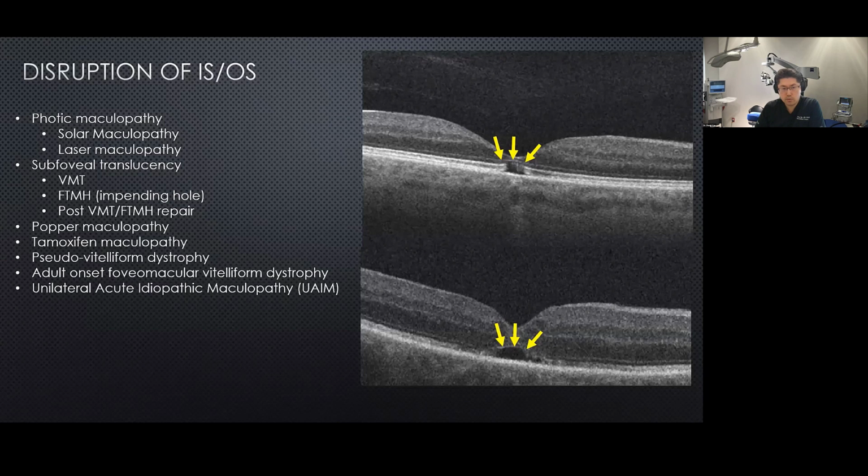You get this hyper-reflectivity in the subfoveal region. And similarly with uveitis, you can get this pitchfork sign where there's fluff right over your outer retina. These subtleties will give you a better differential diagnosis.